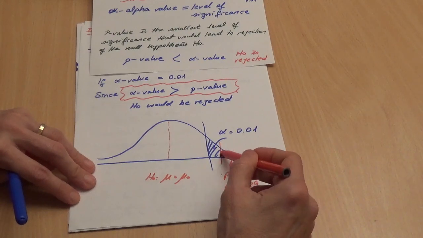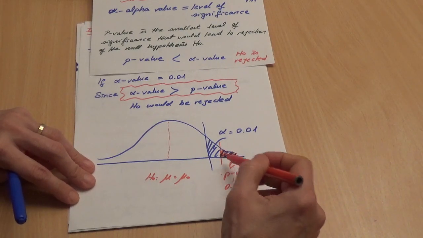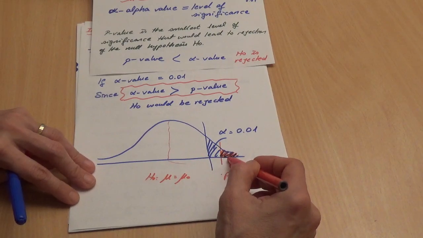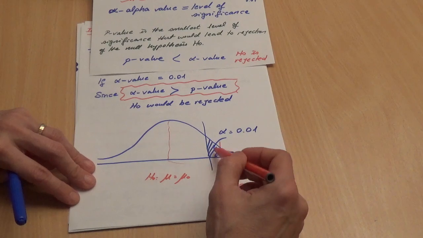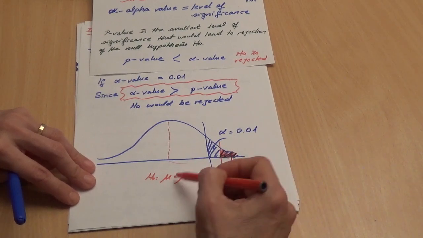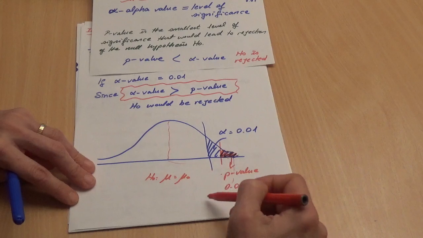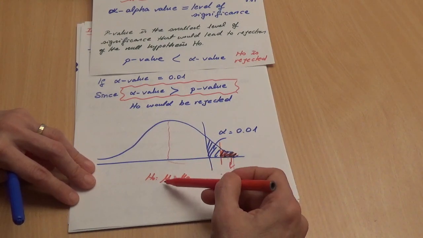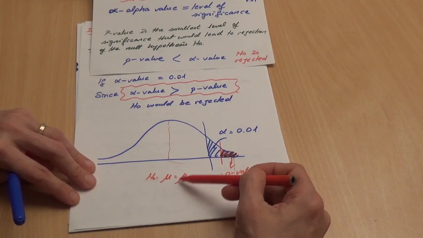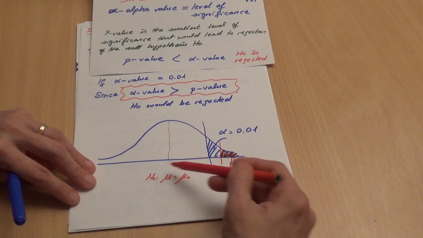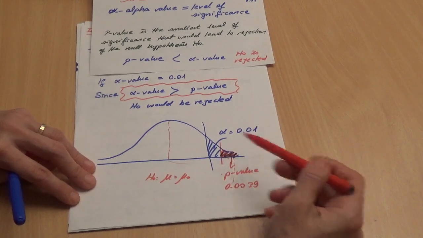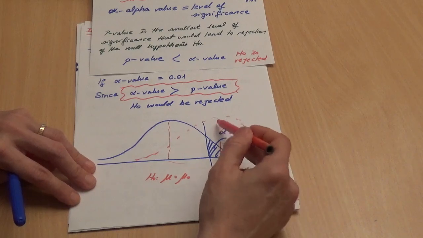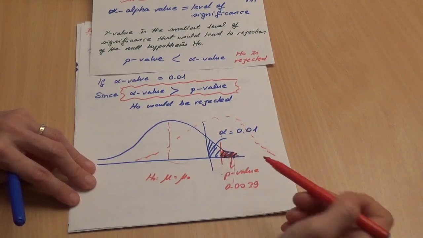But since we have selected from this area and it is very far away from the target, also it is at the rejection area, we reject the null hypothesis saying that mu is still equal to mu 0. There should be some change. We are expecting some kind of a change that we have found in this average.